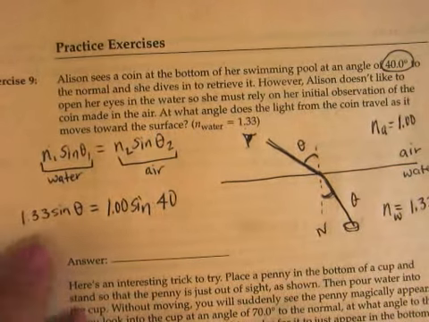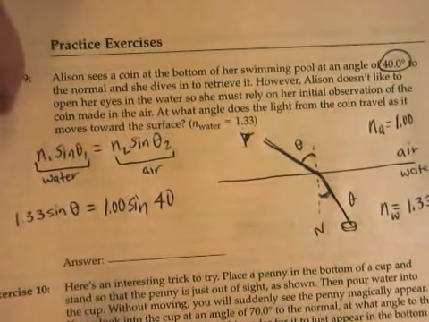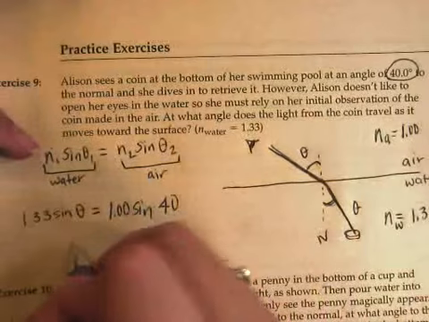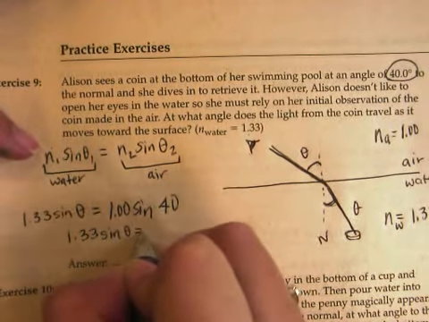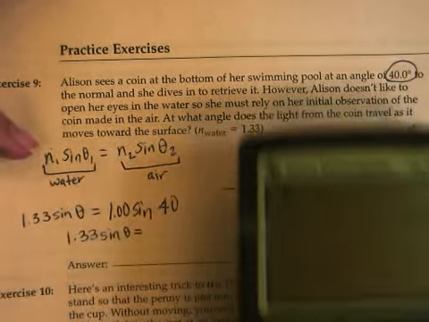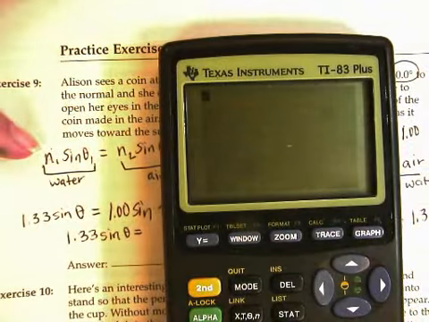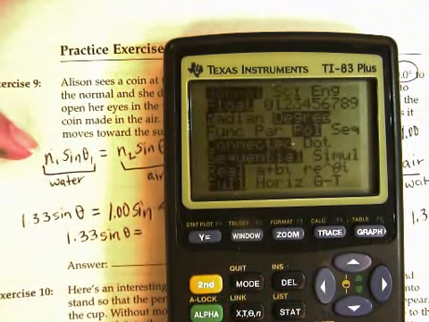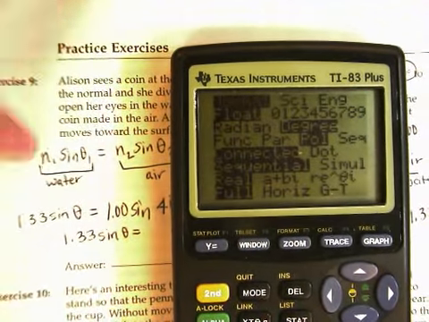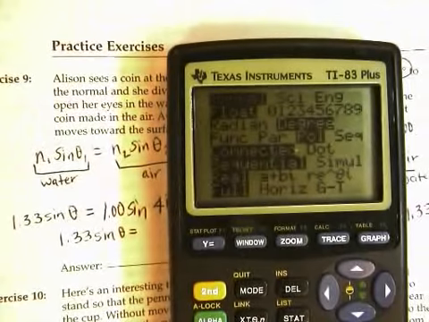All right, so the next thing I'm going to do is simplify this a bit. I'm going to take 1.33 sine of theta is equal to, now make sure that your calculator is set in degree mode. The way that you do that is you click on mode and your screen will show up.